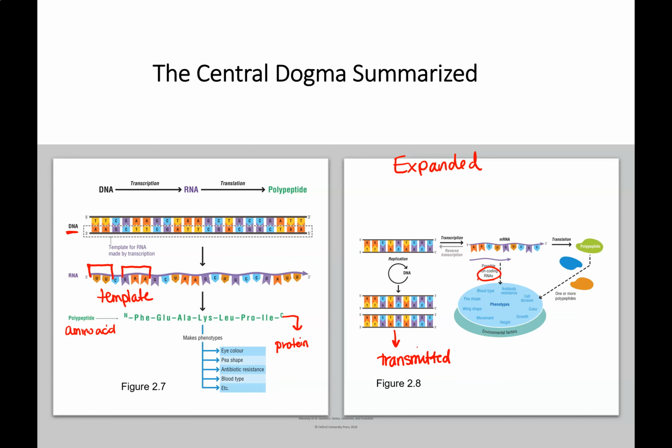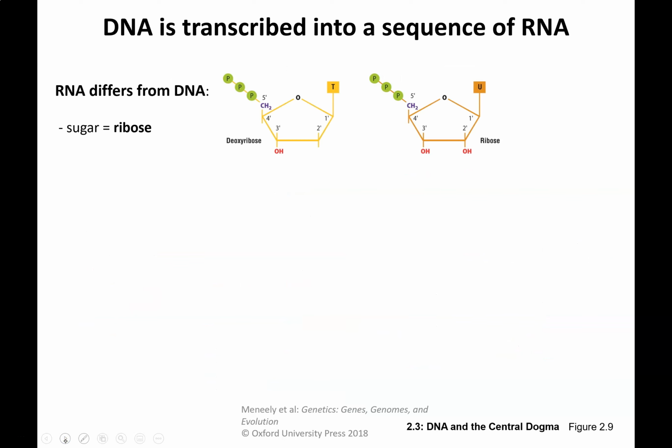But we're mostly going to focus on this idea that all of our genes are going to produce a polypeptide and eventually a protein of some sort that makes a phenotype in an individual. So we talked about the structure of DNA, but RNA is really important in this gene expression process. And it differs in a few ways from DNA.